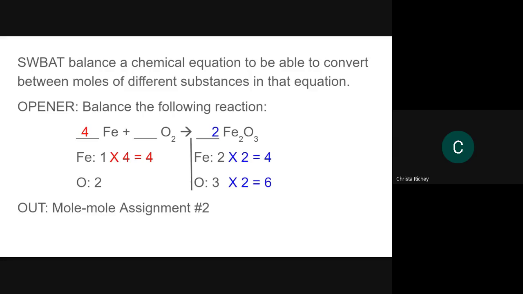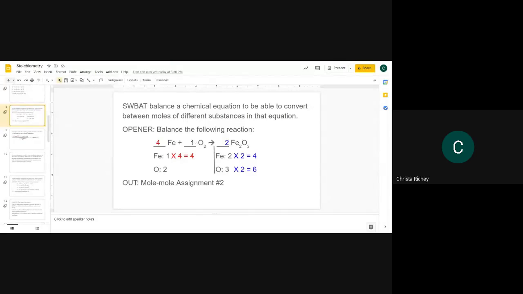How do I fix the oxygen now? Times 3. Oh, that should be a 3, not a 1. This is a typo. Fix it right now. This needs to be times 3. I swear I double checked this, and I still made a boo-boo.